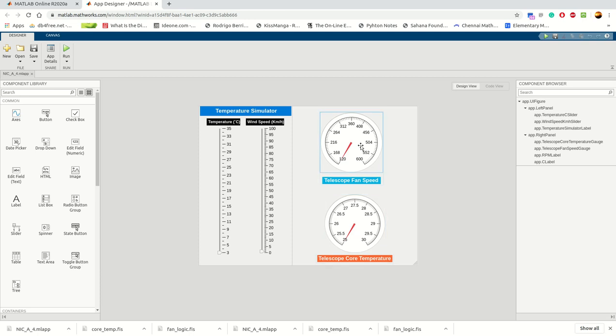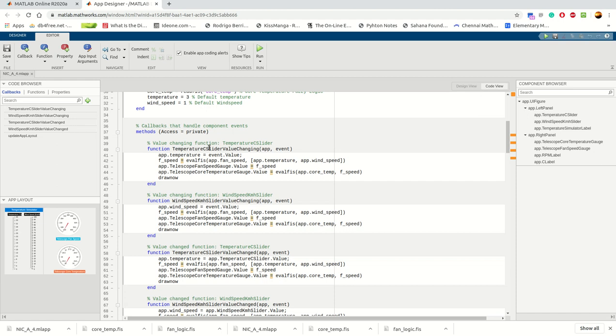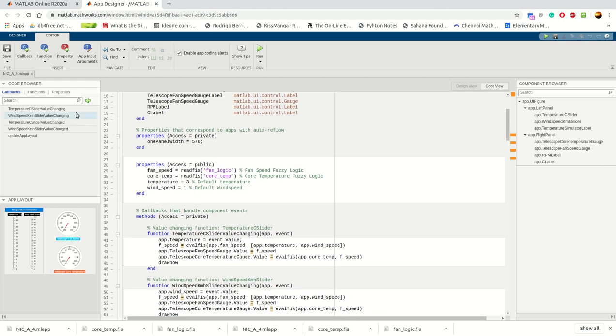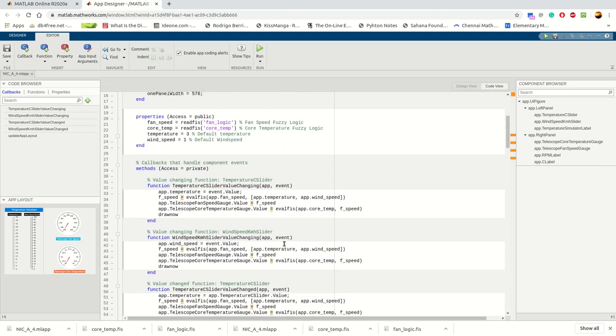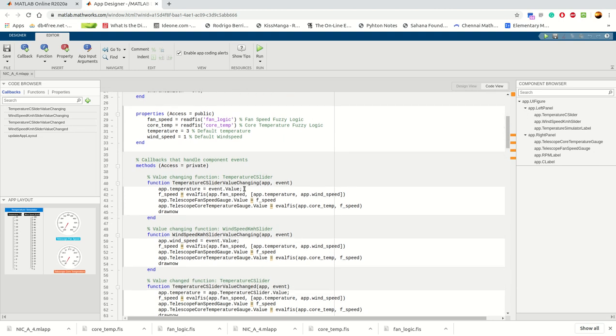There are two gauges: the first shows the telescope fan speed, and the second shows the telescope core temperature. In the code, I have loaded the two fuzzy logics for fan speed and core temperature, and the rest gets the slider values and calculates the core temperature output.